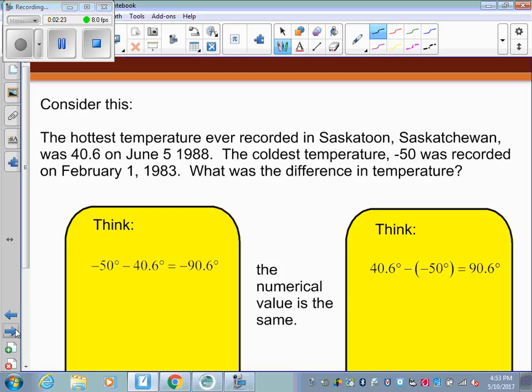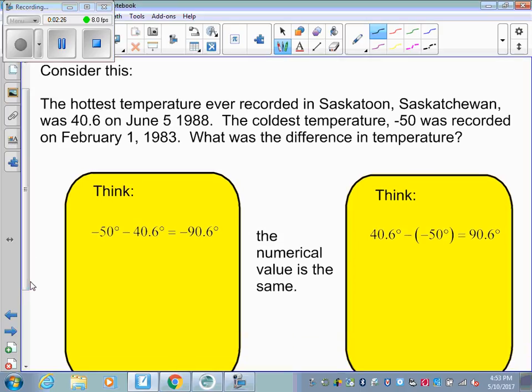So this is great because it doesn't matter the order of how you decide to subtract, which is great. Okay, so for example, here's where we talk about weather. The hottest temperature ever recorded in Saskatchewan was 40.6, and the coldest was negative 50. What was the difference in temperature? It doesn't really matter how you think about it. If you did minus 50 subtract a positive 40.6, you get negative 90.6.